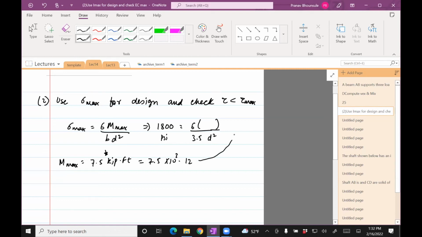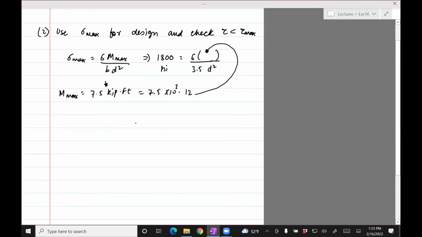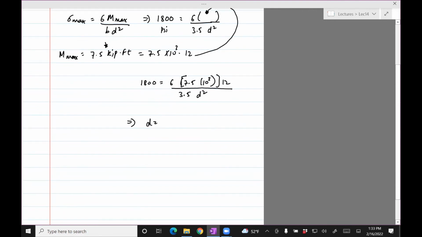So this is what goes in here. 1800 equals 6 times 7.5 times 10 raised to 3 times 12 divided by 3.5 D squared. So solve for D.